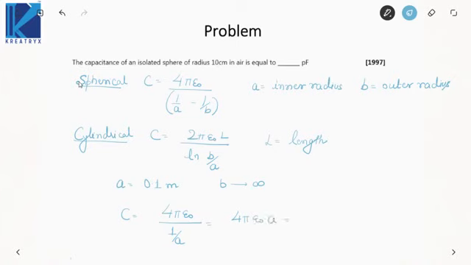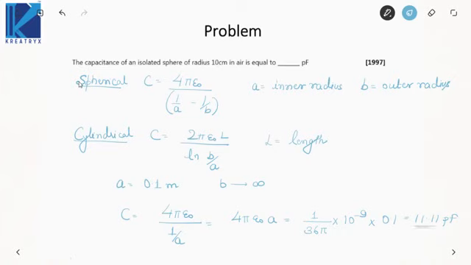It is 1 by 36 pi into 10 to the power minus 9. What is A? 0.1. So how much will this come out to be? It is 11.11 picofarad.